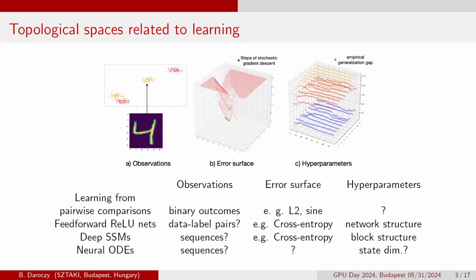But to understand what we are trying to deal with, I think it's good to understand what kind of topological spaces are related to these problems. The first one is the observations, the data. What we assume is usually nothing, which is not true because we usually assume some kind of boundedness. If it's not bounded, we will normalize it and so on.